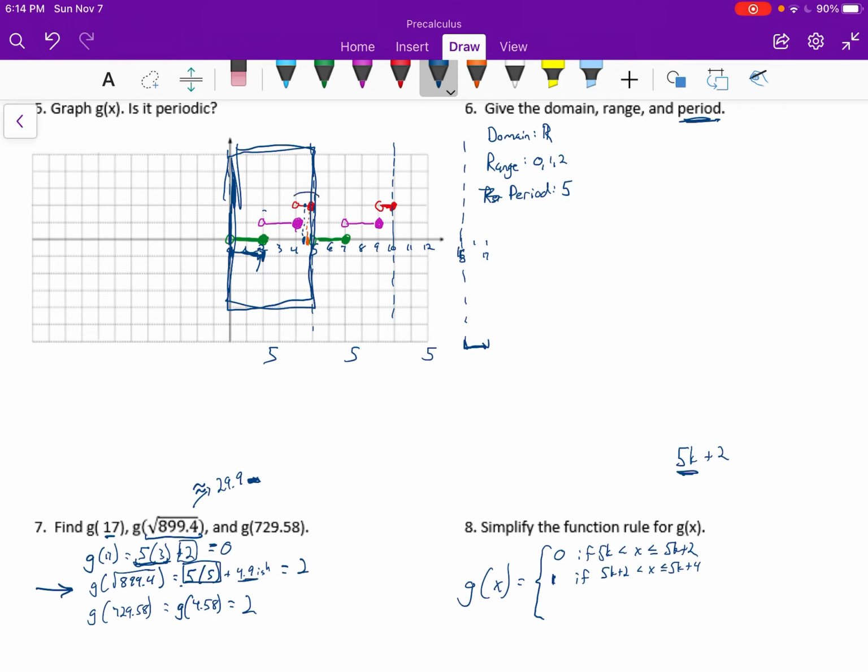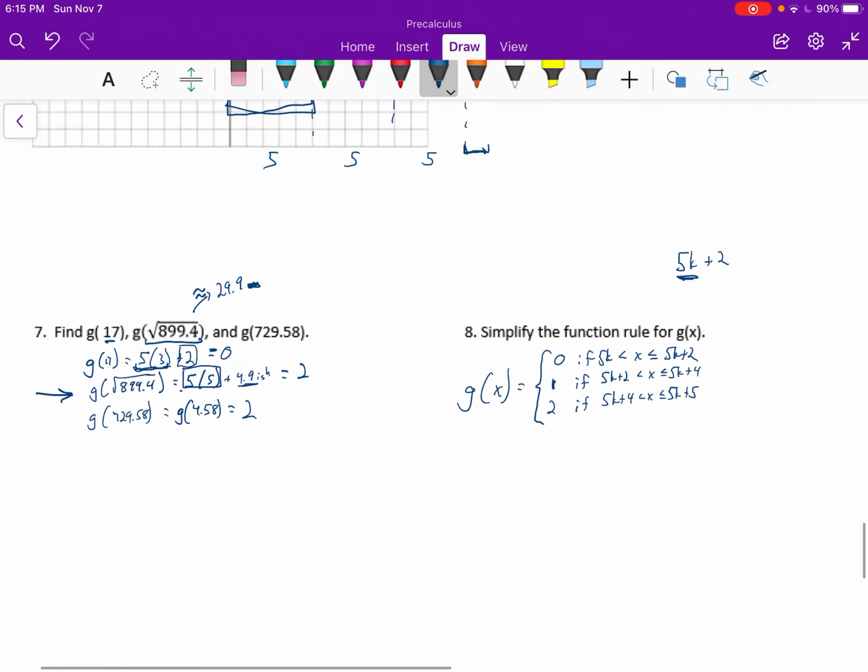And then it was equal to the value of 2 if it was from 4, so 5k plus 4 is less than x, which is less than or equal to, how do we get to 5? 5 units from 5k, well, we'll do 5k plus 5. And that is the function in a simpler form.